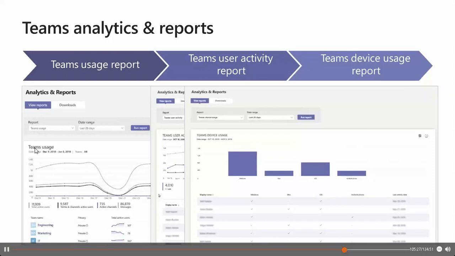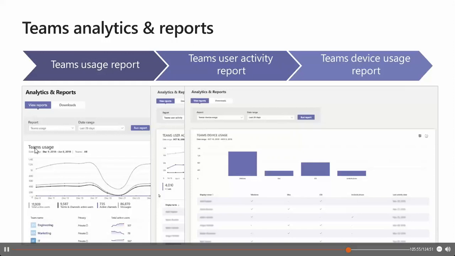The Teams reports in the Microsoft Teams Admin Center give you great insight into how Teams is used in your organization. You can use the reports to get a view into Teams usage, like user activity and device usage, across your whole organization. To view these reports, you must be assigned to the roles I already mentioned.